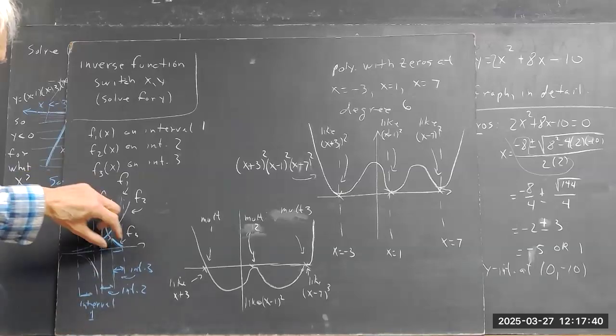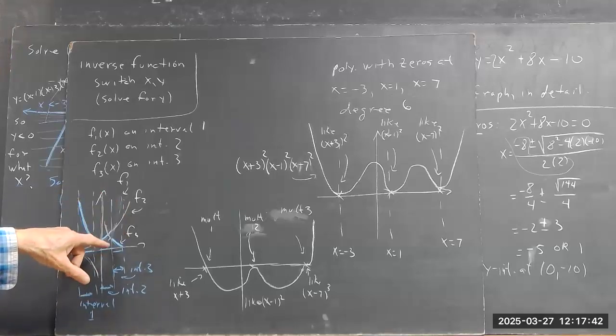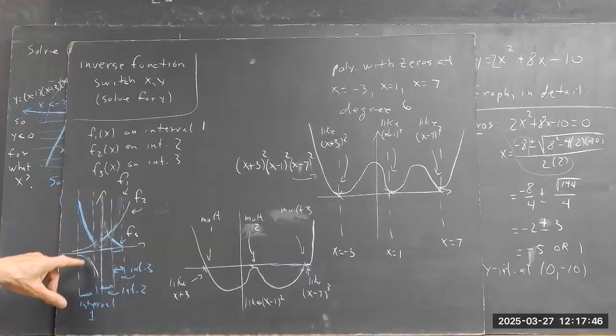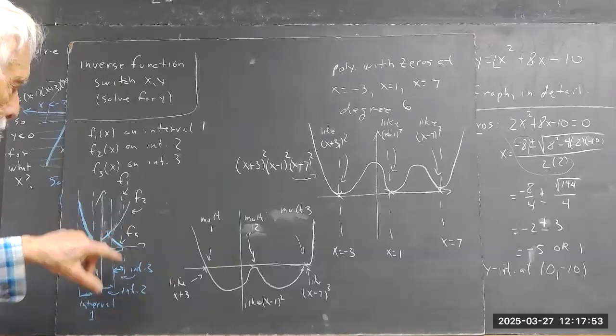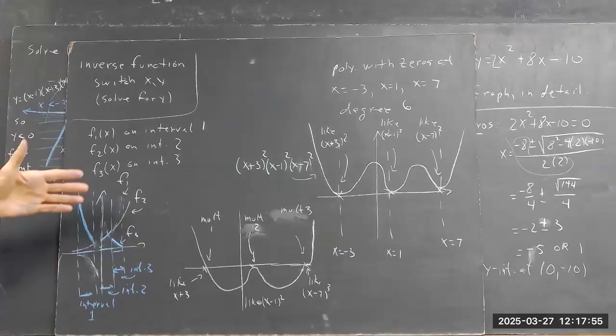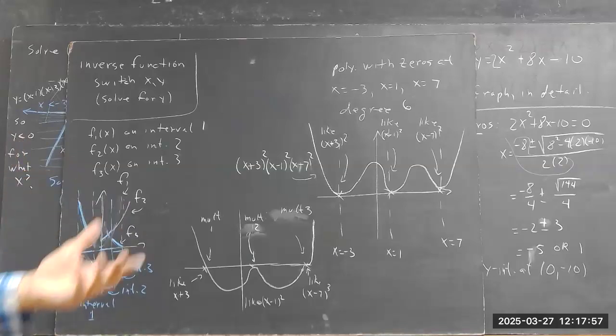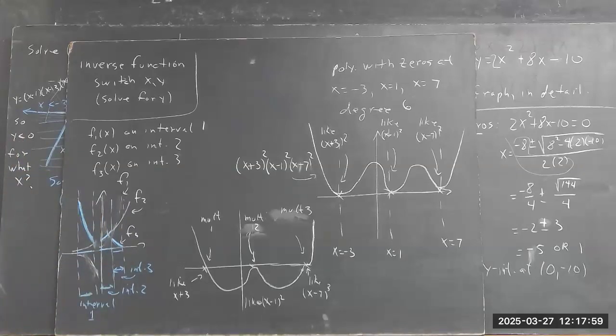Okay, then interval 3 maybe is right here, and you shade in the third function, maybe erase parts of the third function. And you end up with these broken blue curves. You don't have to use blue, just make sure I can tell what's shaded and what isn't. Fair enough? Okay.